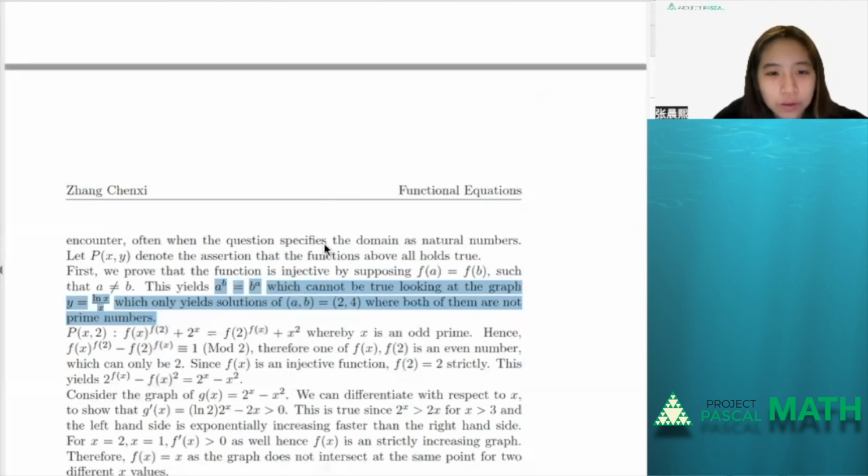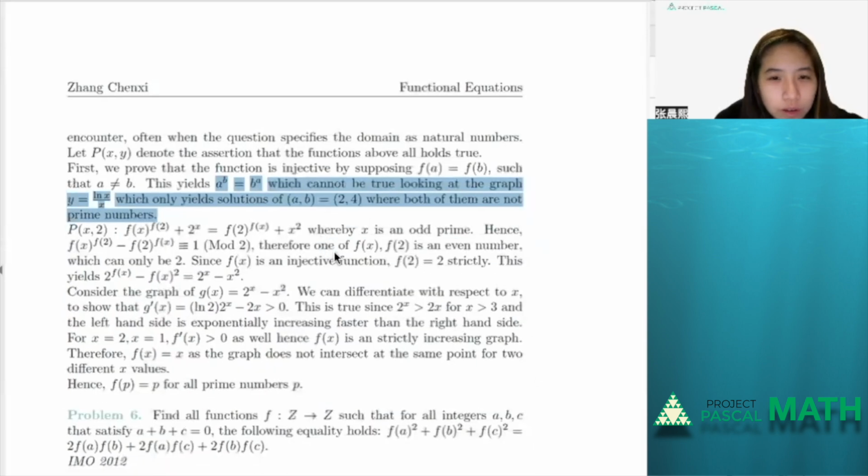And now you want to work with what happens if it's an odd prime and an even prime. So you're able to get this equation here, and you rearrange a little bit, and you get this is 1 mod 2.